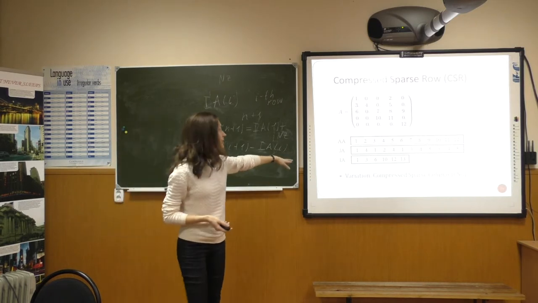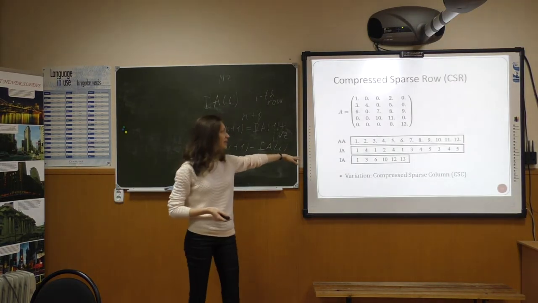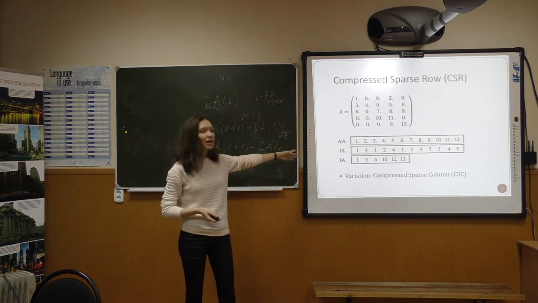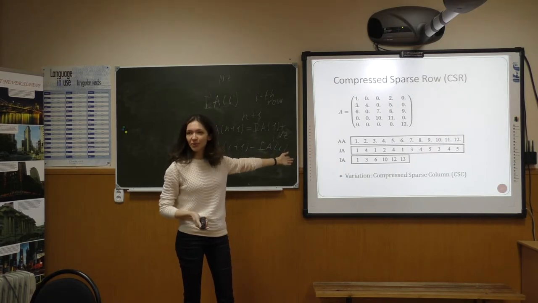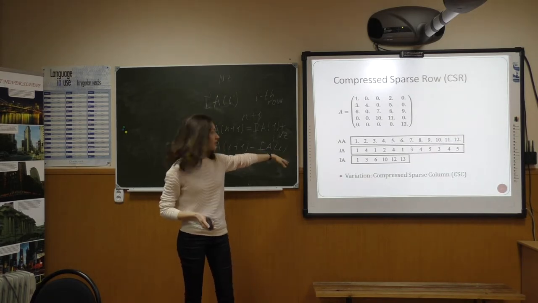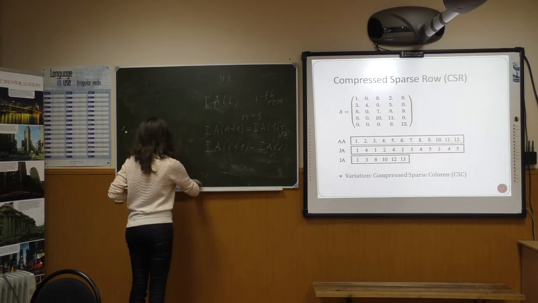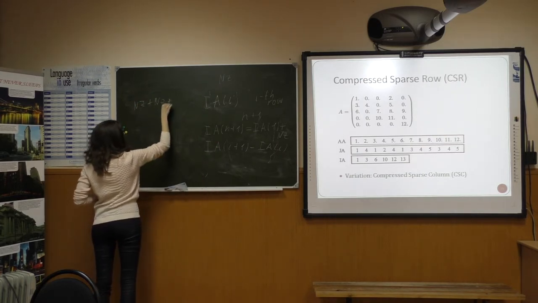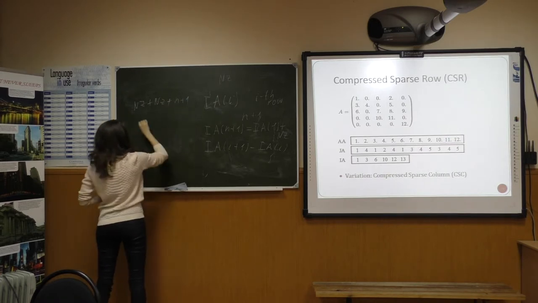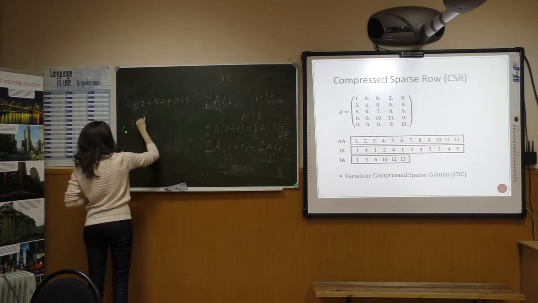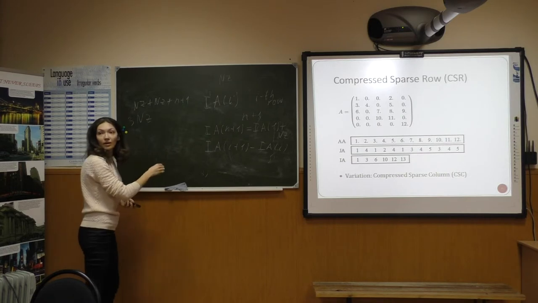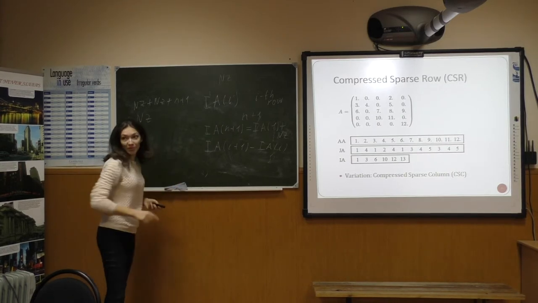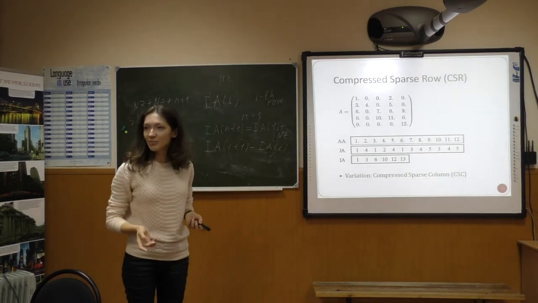Because you can see that first of all it has less elements to store: nz plus nz plus n plus 1 instead of 3nz in coordinate format. Yes? So less elements to store.